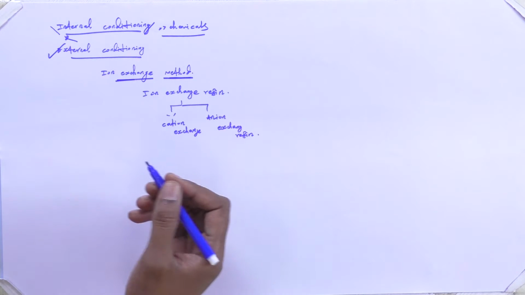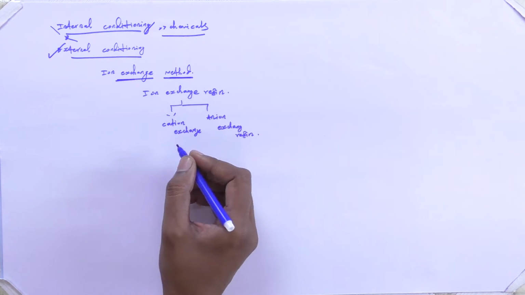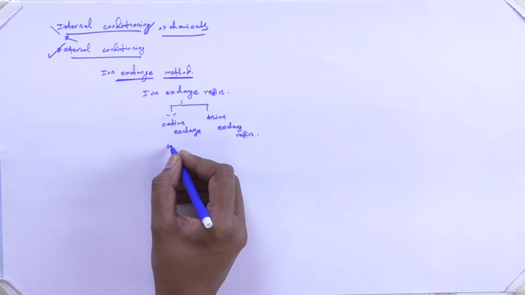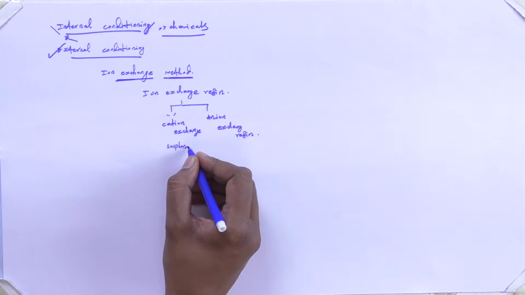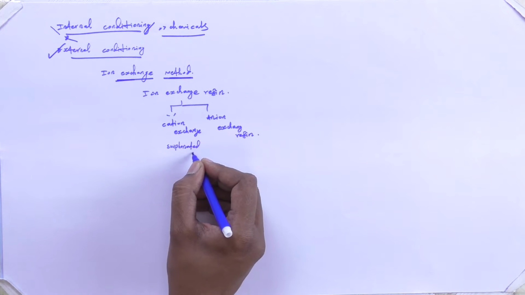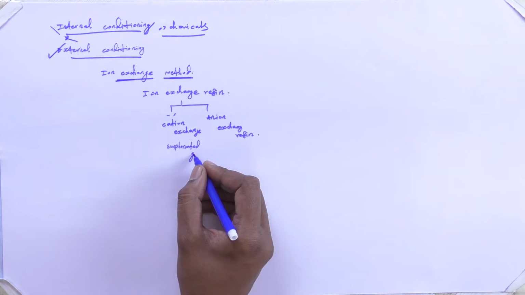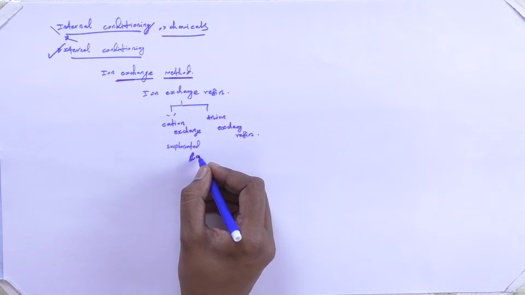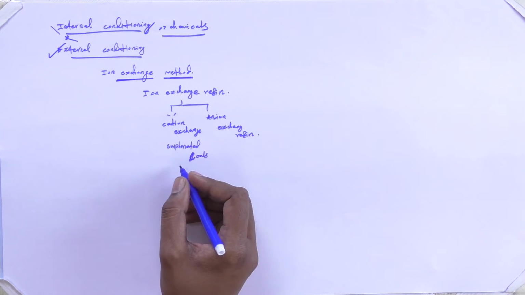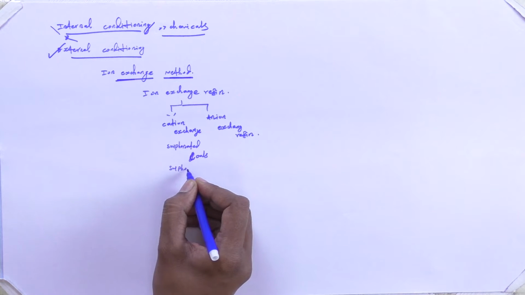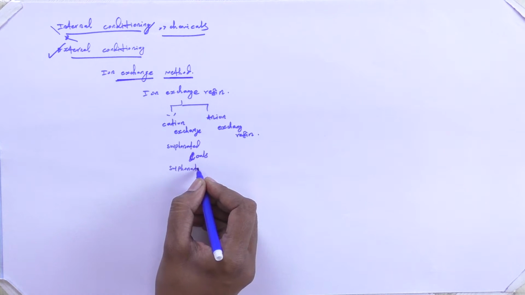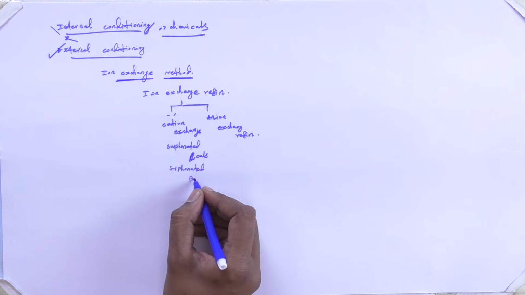Examples of cation exchange resin are sulfonated coal and sulfonated polystyrene.